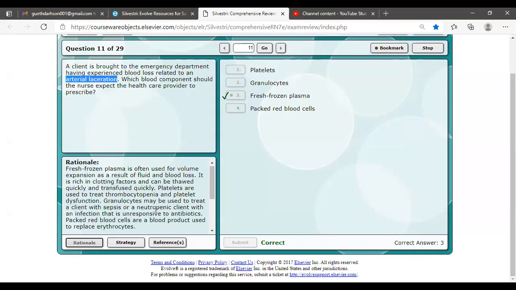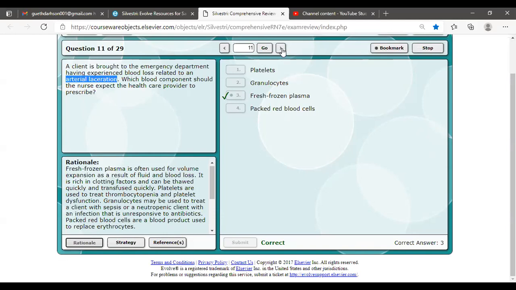Neutropenic means neutrophils go down, or a patient with infection. And packed red blood cells are the blood product used to replace erythrocytes. If a patient has any erythrocyte defect or drop, we can give it to them.